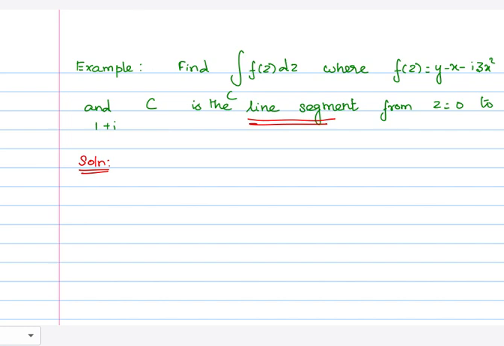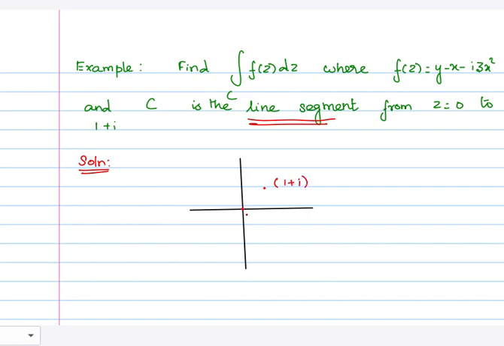Using that idea, this is the curve, this is the complex number. The first point is 0, this is (0, 0), and the second point is 1 plus i.